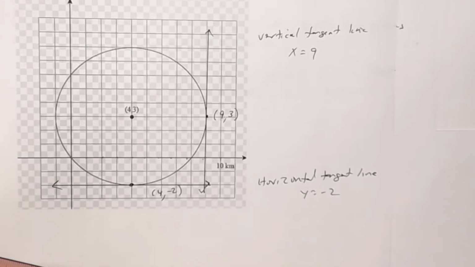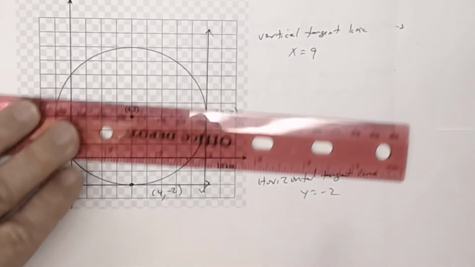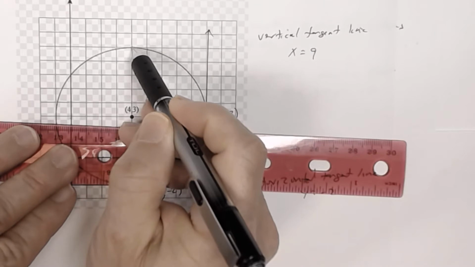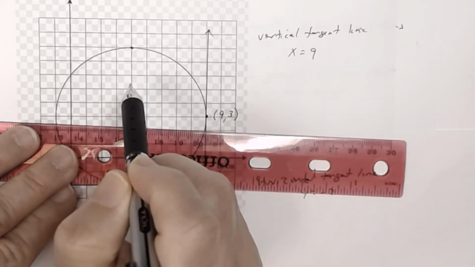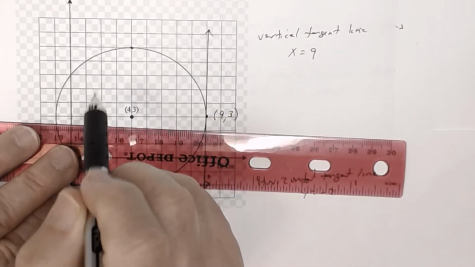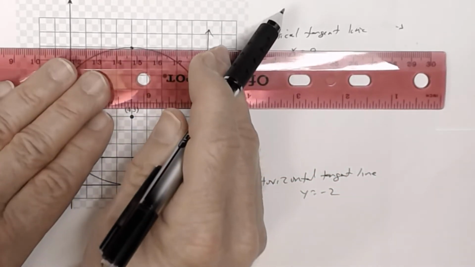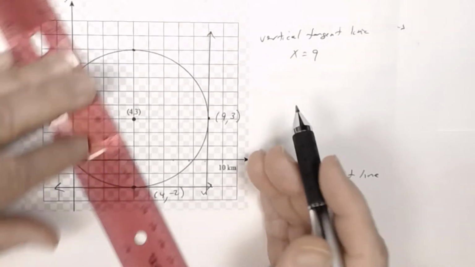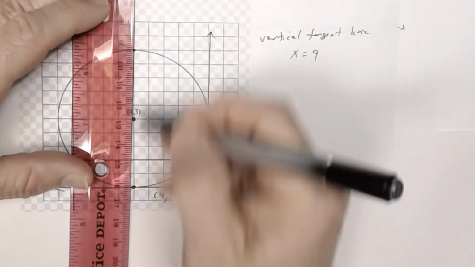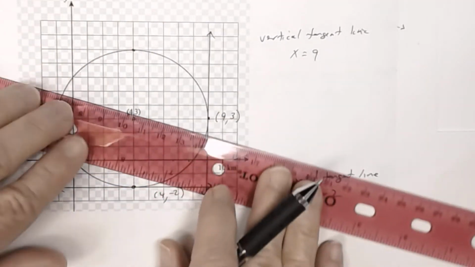All right, if I draw a line tangent to this point right here, is the tangent horizontal or vertical? It is horizontal, right? You're not going to do this, because that's no longer a tangent. That's going to be a secant. So you want to draw a tangent.